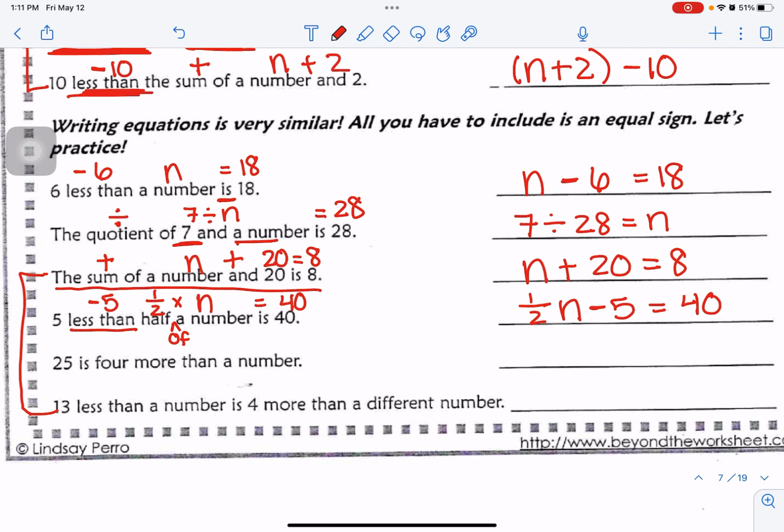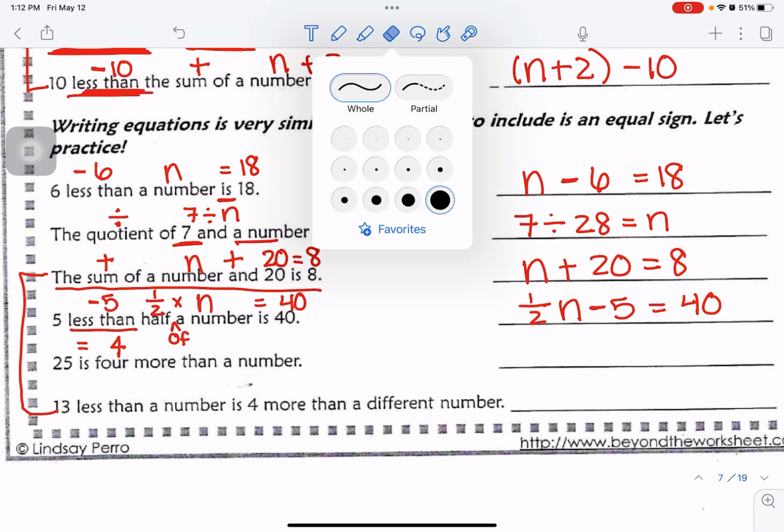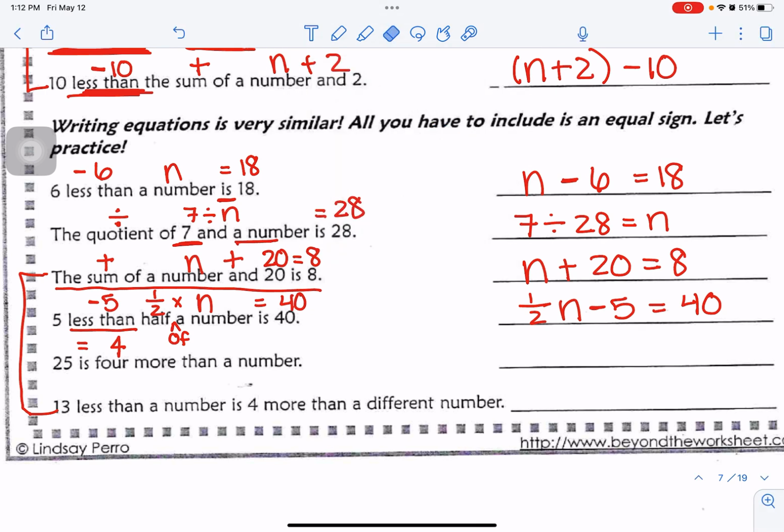And then 25 is equals 4 more than, so plus 4, a number. So then we would have 25 at the start, because that's what we start with over here, equals, because that's what comes next, n plus 4.